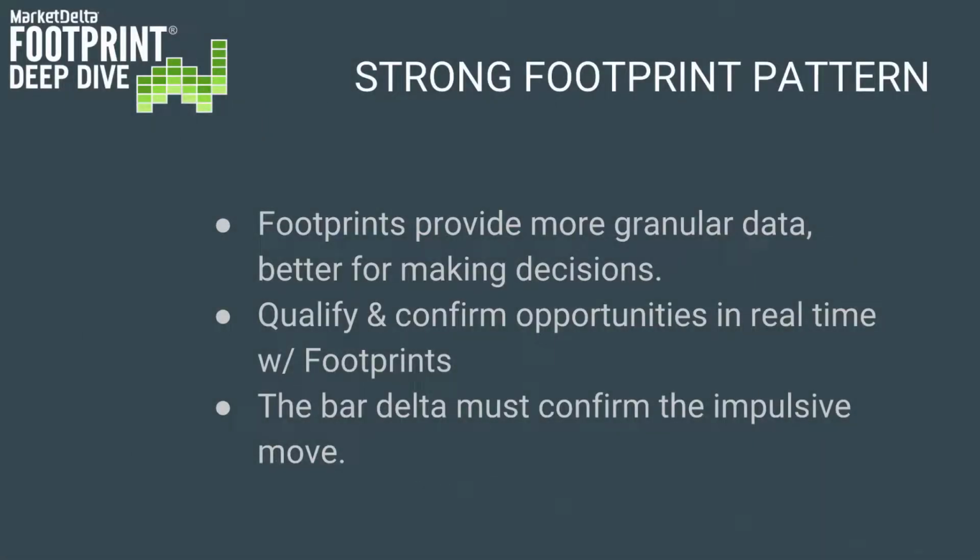All right, next, we're still on this. So footprints, the strong footprint pattern provides more granular data, better for making decisions. It's also going to help you qualify and confirm those opportunities in real time, as I just described in that previous footprint chart. And we really do want that bar delta to confirm the impulsive move.